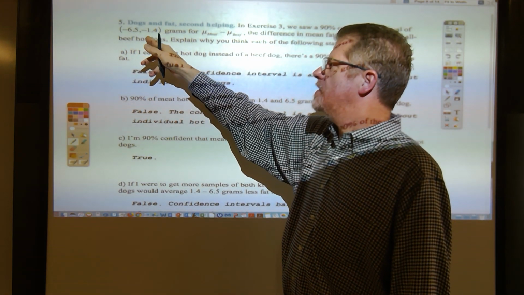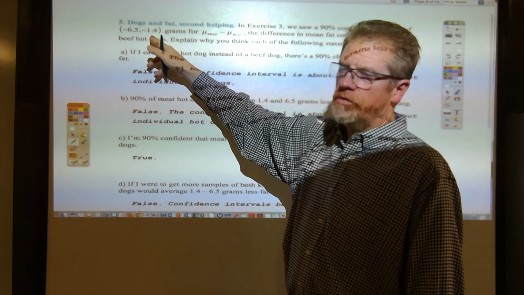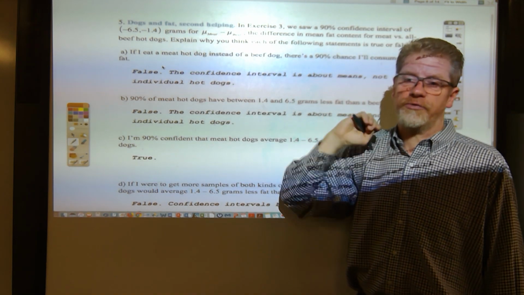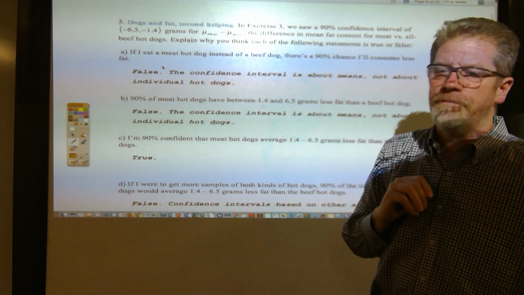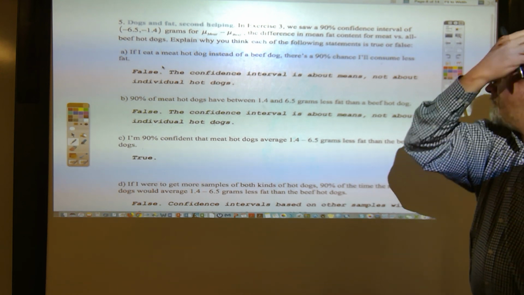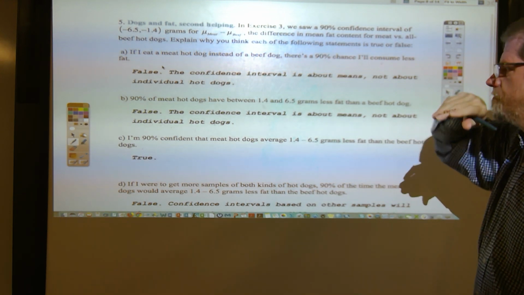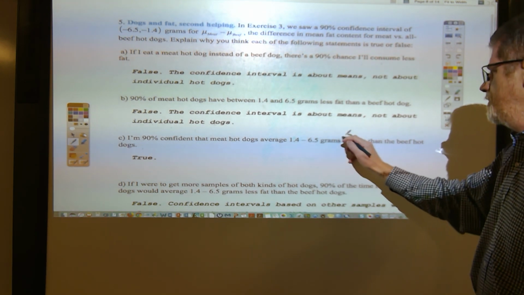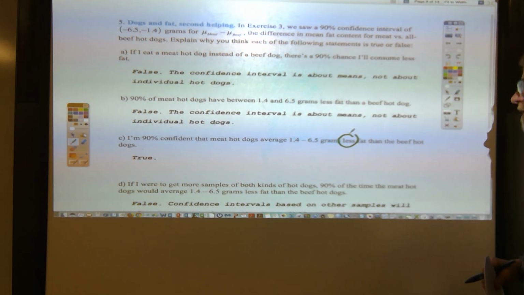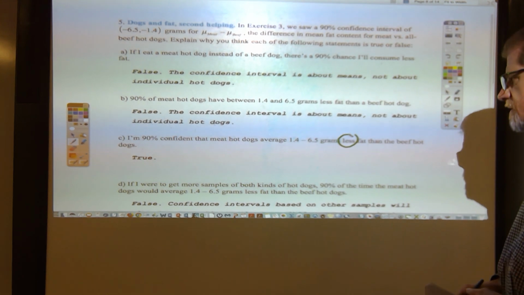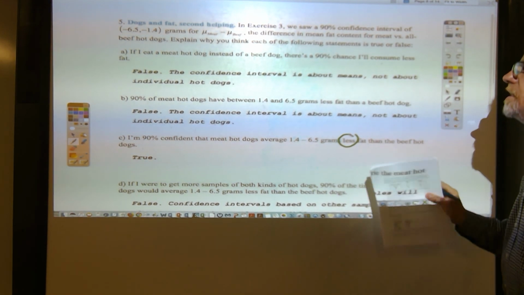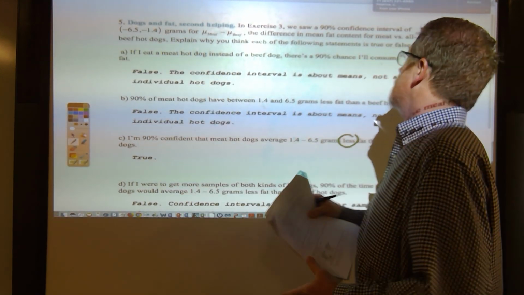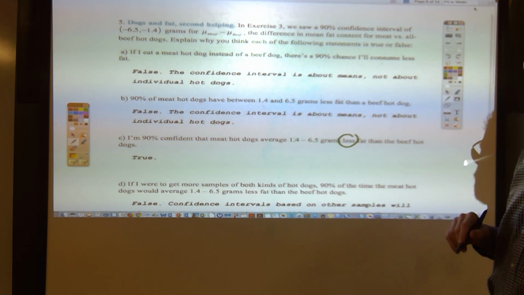It looks like about -4.4 was the observed difference in sample means. And so that's why, because they're negative, notice that the correct interpretation has the phrase "less fat." That's a shout out to the negative side. It's right here. Further questions?